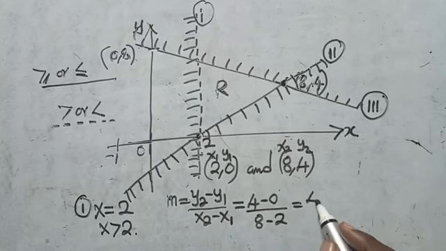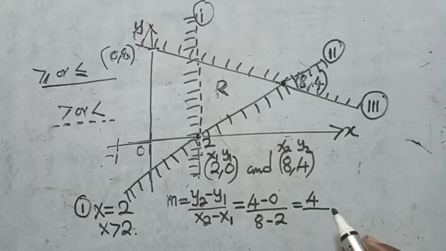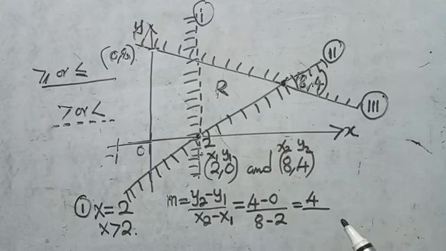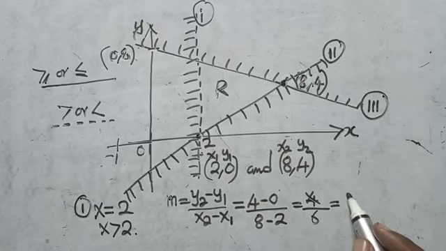This is equal to 4 over 6. I can reduce this: 2 there, it is 2, 2 there, it is 3. So 2 over 3 is the gradient.